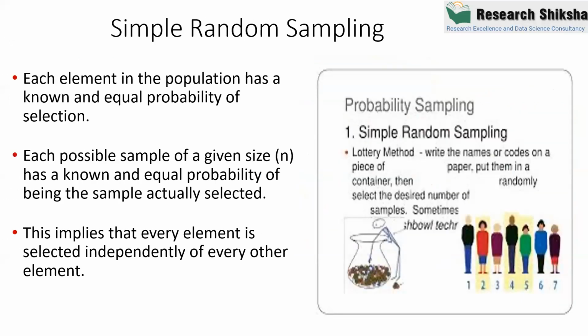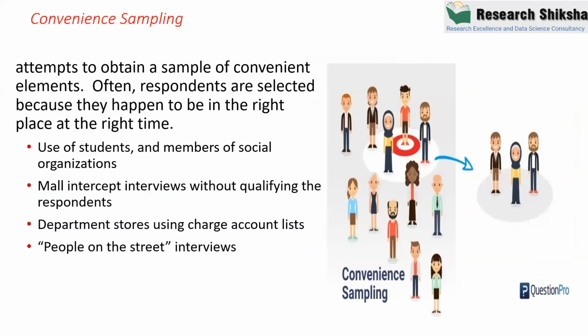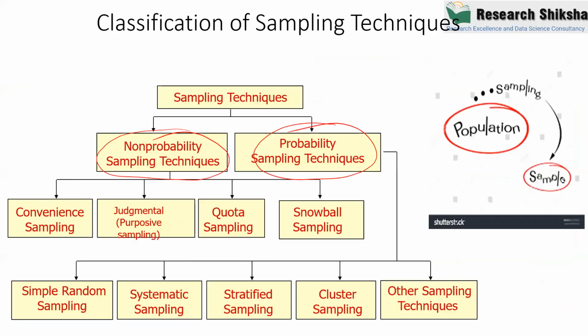Now we are coming to random sampling, probability sampling. Before moving ahead, let's see what we have discussed in non-probability sampling. We discussed convenience sampling, where whosoever is available, you collect the data from there. In judgmental sampling or purposive sampling, you decide the criteria and then collect the data.